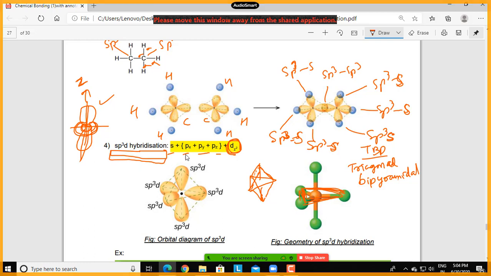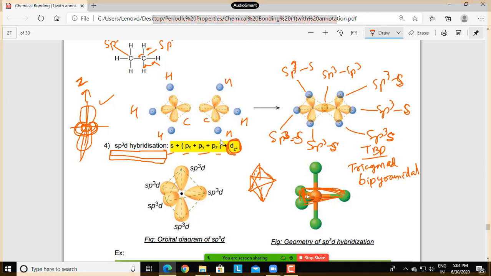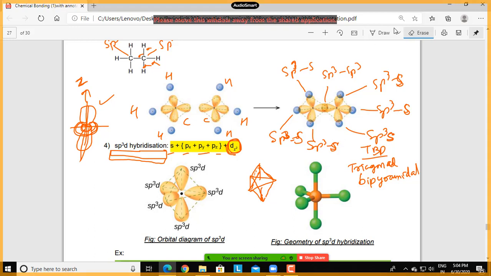If you mix, how many hybrid orbitals? 1, 2, 3, 4, 5. 5 hybrid orbitals. So 5 hybrid orbitals must align in space in order to have minimum repulsion and maximum stability. So 5 hybrid orbitals will align in the space of trigonal bipyramidal.